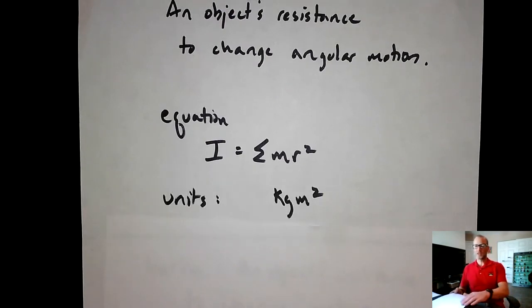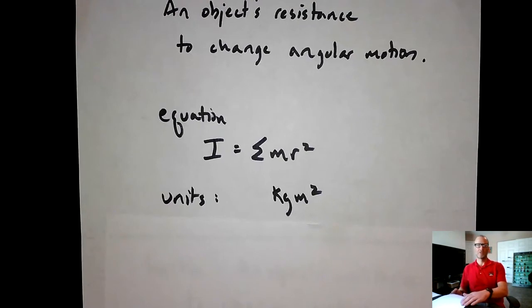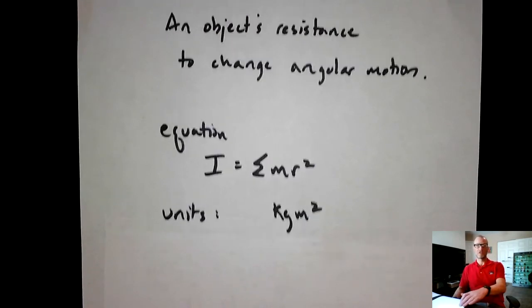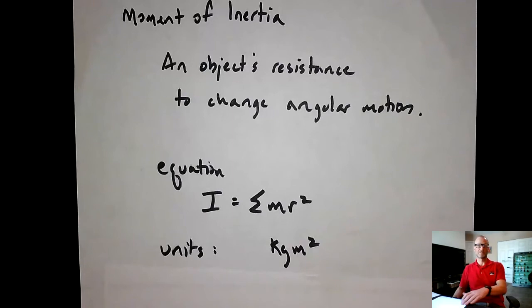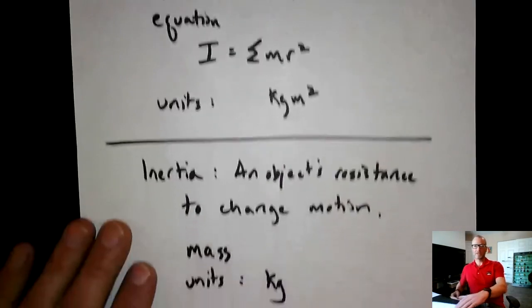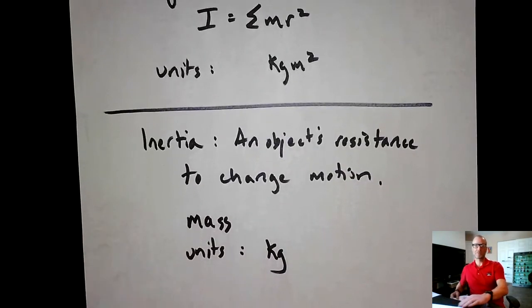The units come right from the equation. Units of mass are kilograms, and units of r, which will be a distance measure, are meters. So that would be squared. So we have kilogram meter squared for units for moment of inertia. And as I mentioned, just to clarify, inertia by itself is an object's resistance to change in motion.